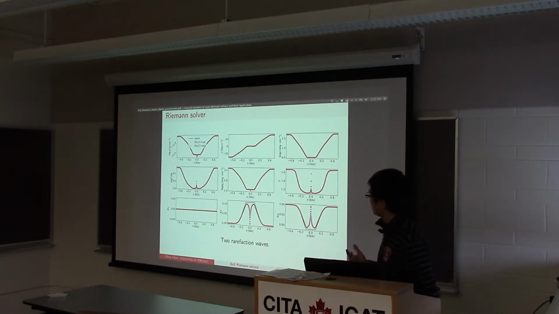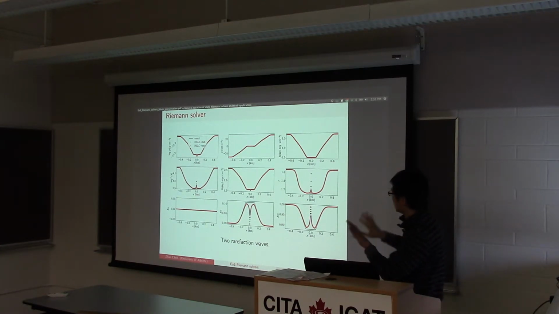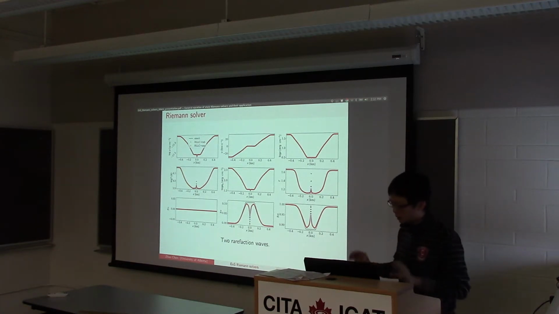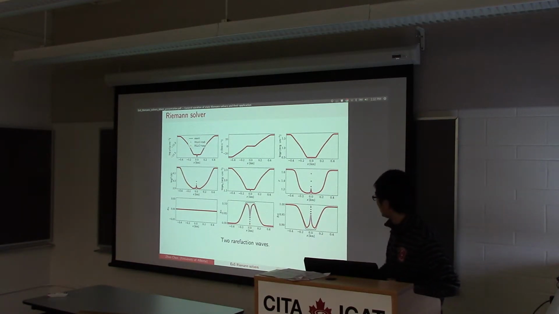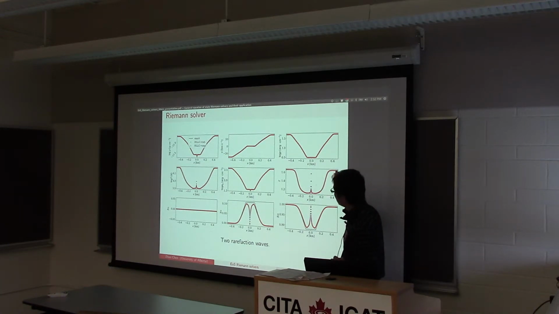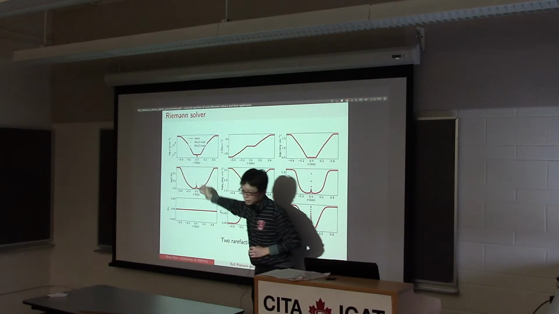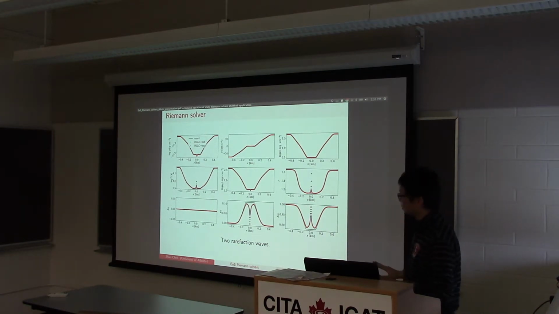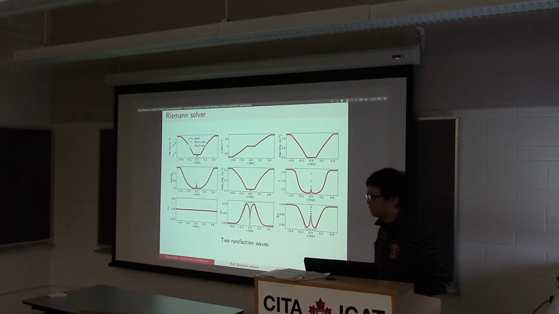This is showing two rarefaction waves. The gas is leaving the center symmetrically, and this heating, this is the temperature. This heating exists in all the grid-based codes, I think, and it's not a problem of the Riemann solver itself.